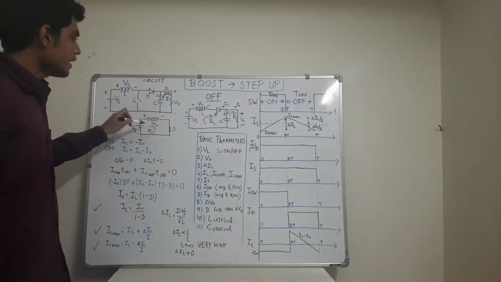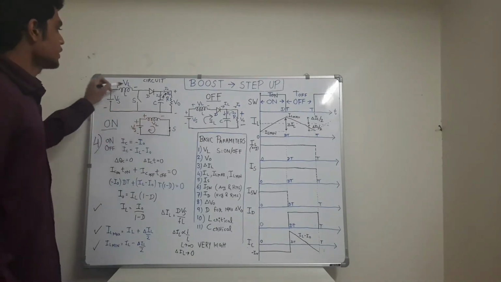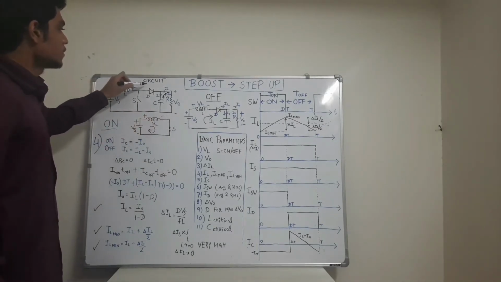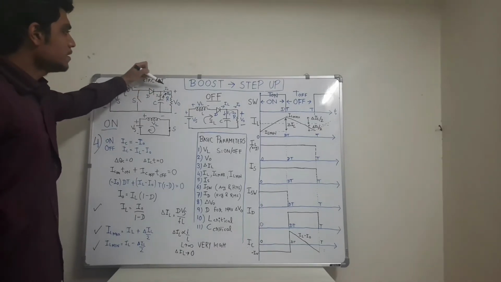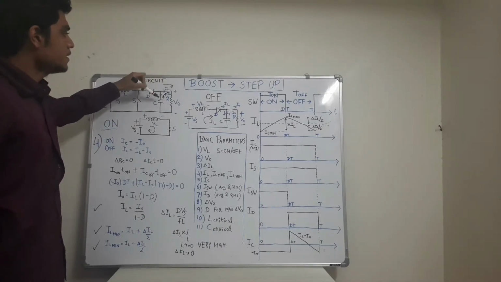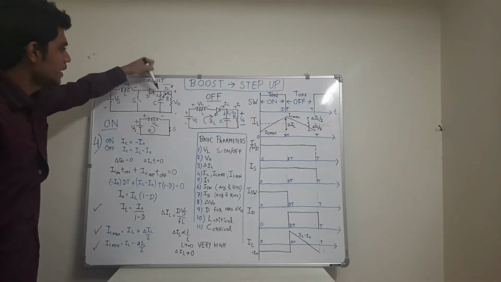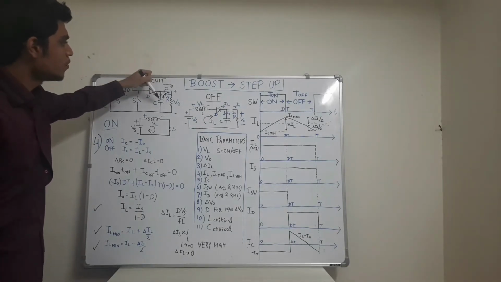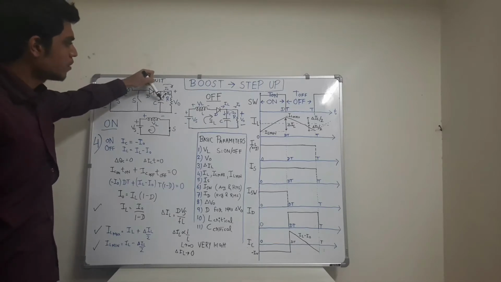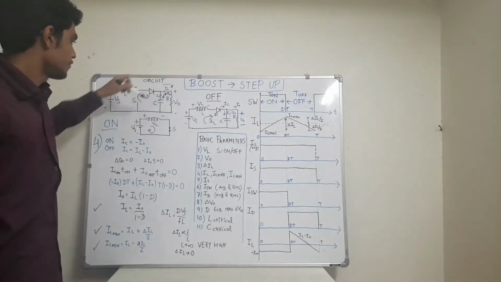During on time, inductor current flows through the switch. Hence, the current delivered to the load is through the capacitor. Hence, the capacitor current in this downward direction will be equal to minus I naught, because this I naught is delivered by the capacitor itself.